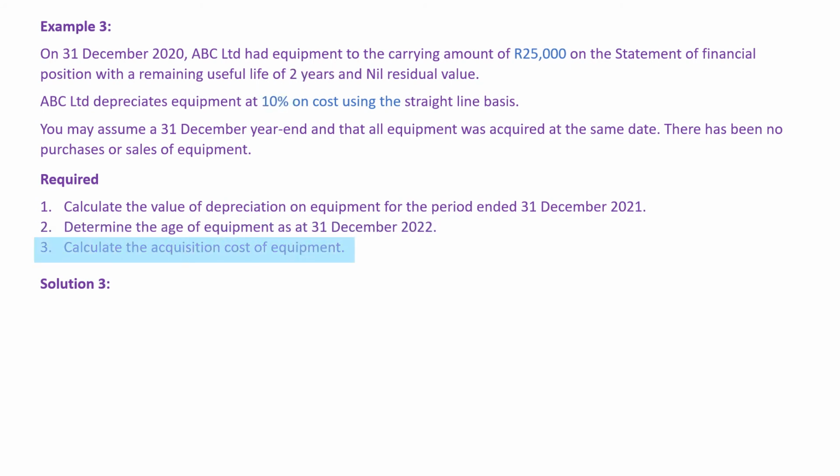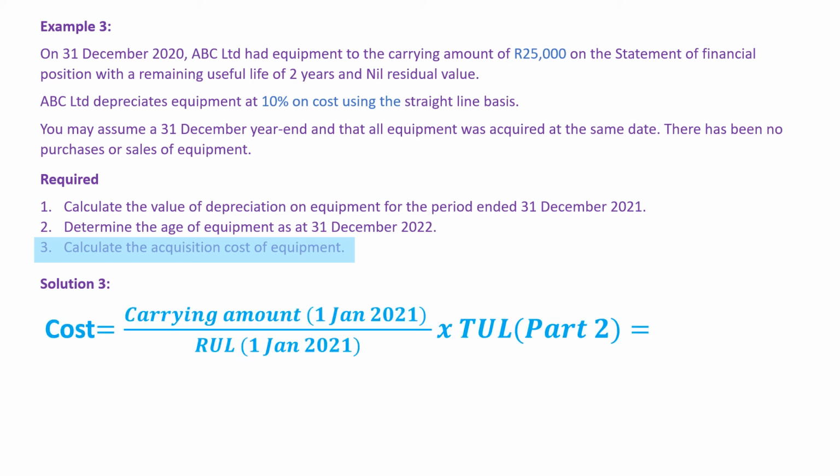Part 3. Calculate the acquisition cost of equipment. As you can see from the question, cost was not given, but using other variables, you would need to calculate your cost. A very useful formula to know is cost is equal to your carrying amount as at a specific point in time divided by your remaining useful life at a specific point in time multiplied by your total useful life.